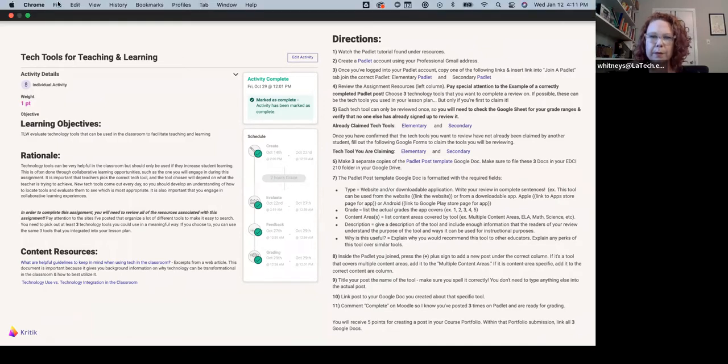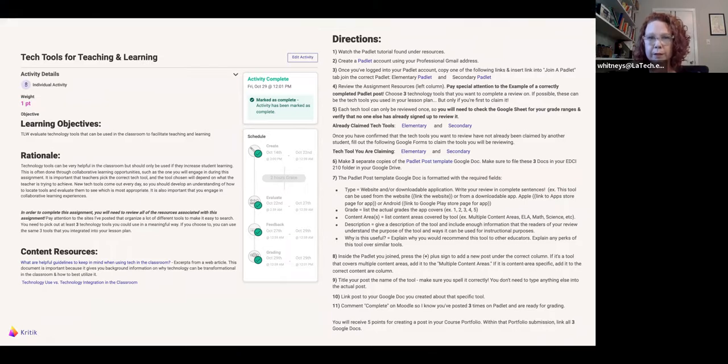In this assignment, my students were picking technology tools that could be integrated into the classroom and doing a review about them and posting them on a collaborative learning environment called Padlet. Everybody had to choose 3 technology tools and then do reviews, explain the applications, explain any prices, what their uses are in the classroom, etc.